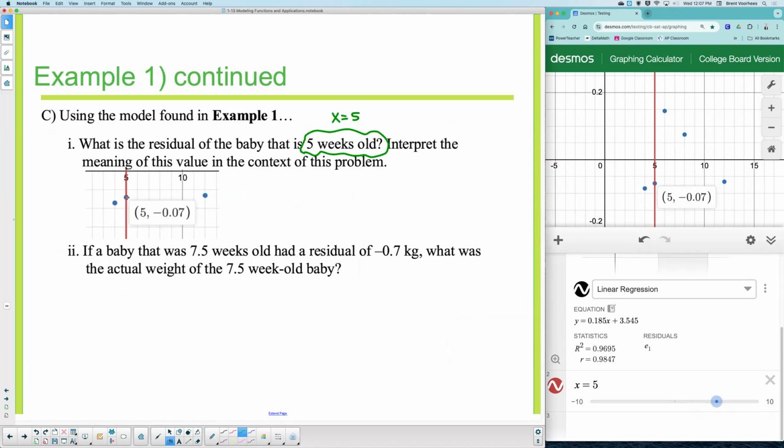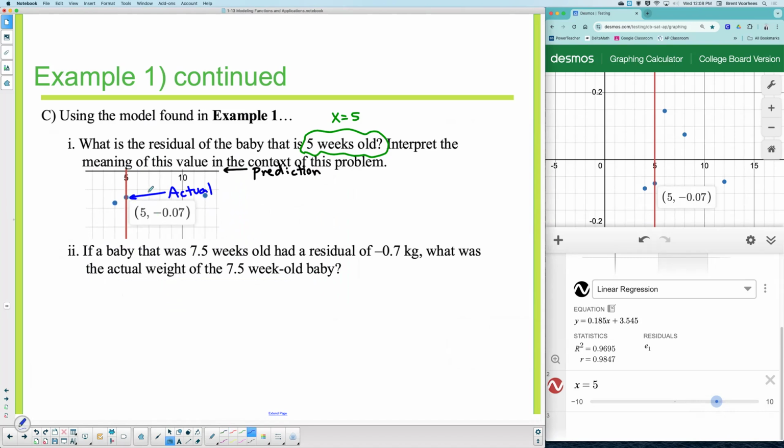Here's what that means. This means the actual data point. That right there is the actual. The x-axis represents the prediction. This x-axis, this is the prediction. Is the actual data greater than or less than the prediction? Less than.